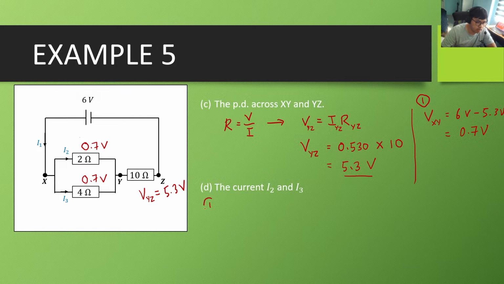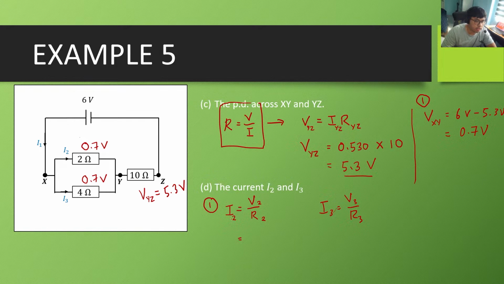The first way is using the formula R is equal to V over I, this formula here, and you make I the subject of the formula. All right, so I2 is equal to V2 over R2, and I3 is equal to V3 over R3.